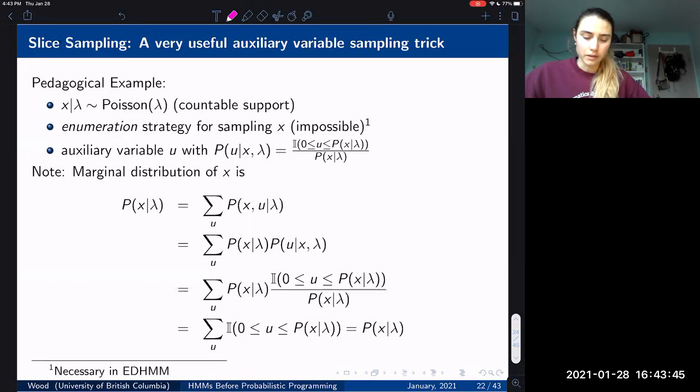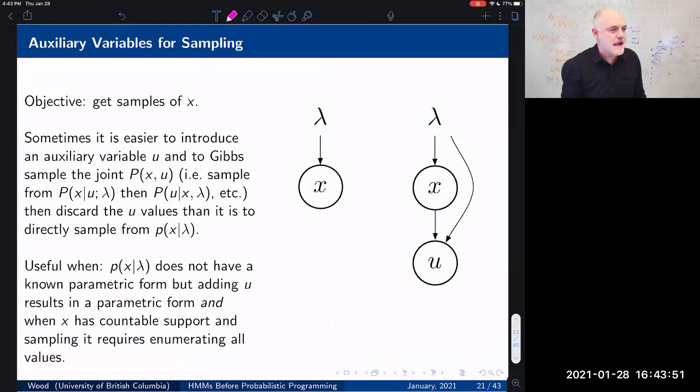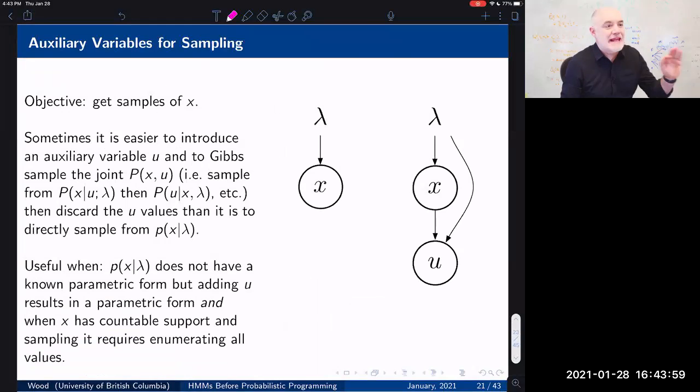So on the previous slide, when you introduce u as an auxiliary variable, can it be like anything, or does u have to be picked intelligently? So the whole point in any auxiliary variable sampling trick, and we'll do Hamiltonian Monte Carlo, which is the granddaddy of auxiliary variable tricks, is picking very precisely, thinking very hard about what the form of that additional distribution will be, and I'm going to show you an example here.